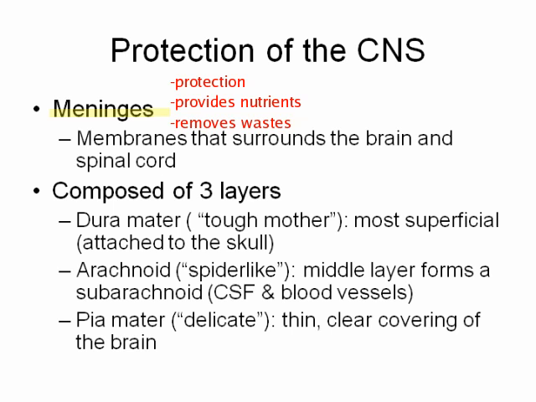Those three layers are referred to as the dura mater, the arachnoid layer, and the pia mater. And on the next slide, we're going to specifically look at where each of these three areas are located.